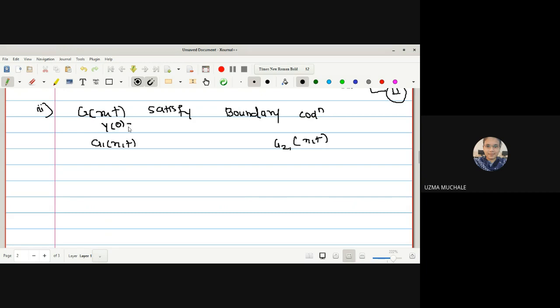Y of 0 is equal to 0, y of 1 is equal to 0. So wherever you have x, you have to put it as 0. So G1 of 0,t is equal to 0, and here we can write G2 of 1,t is equal to 0.